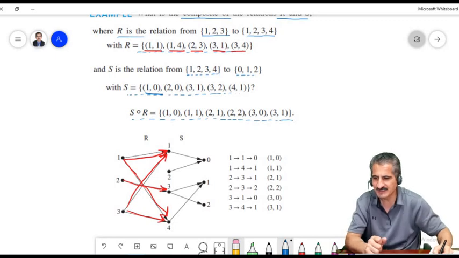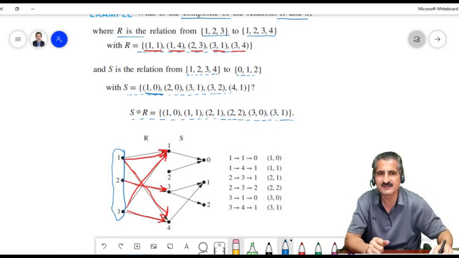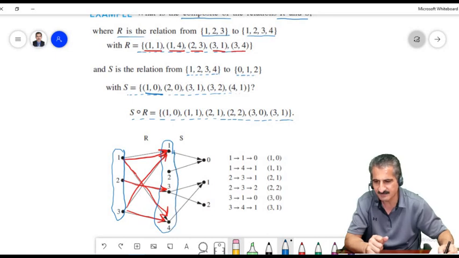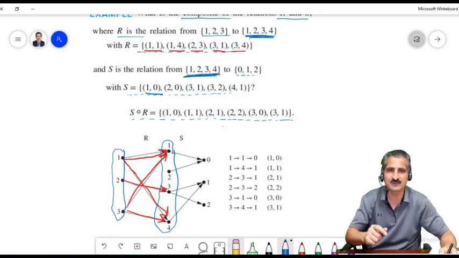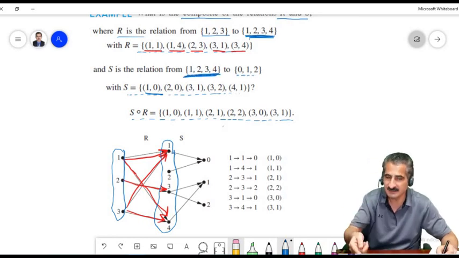Now for S, we listed here the elements where R starts from, and in here we listed the elements where R ends. And it should be the same set where S starts from. So this is 1, 2, 3, 4. It is the set where R is landing, ending, and it is the same set where S is taking off, starting from.